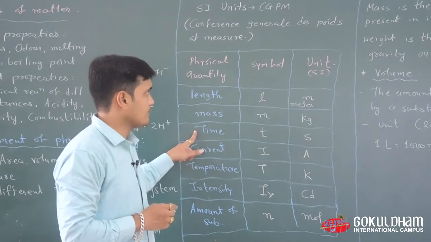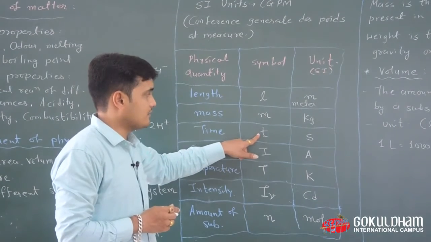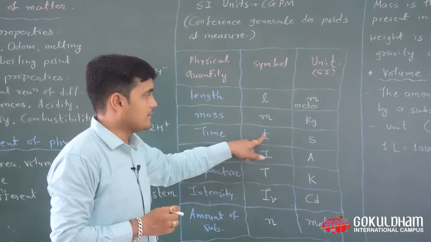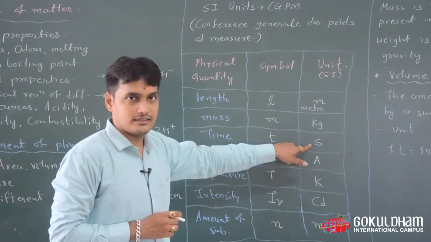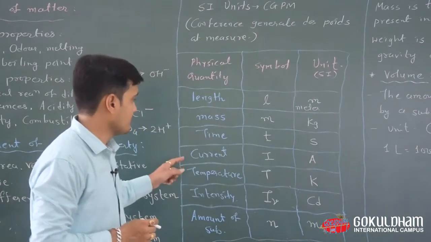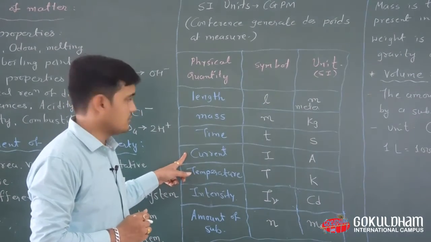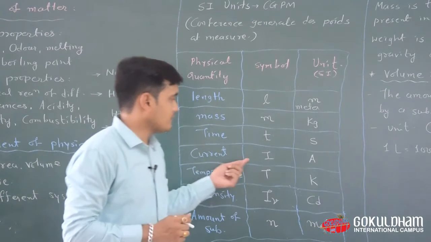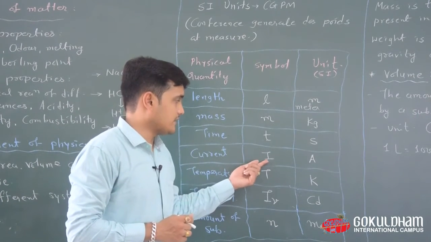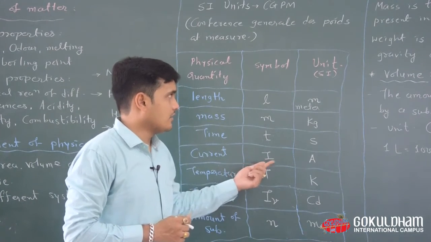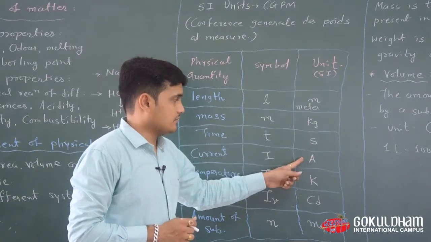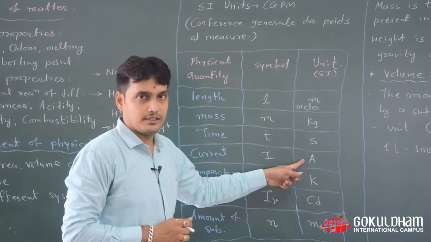Third is time. Time is denoted by small t, and time is always measured in second in SI units. Fourth is electric current. The symbol of electric current is capital I, and the SI unit is ampere.